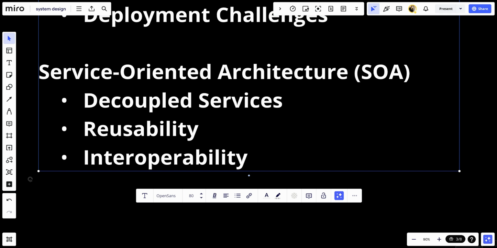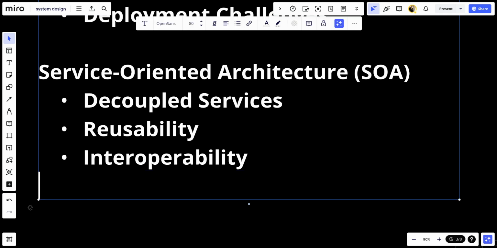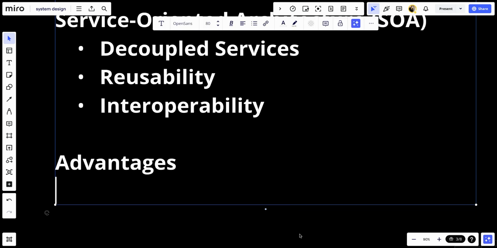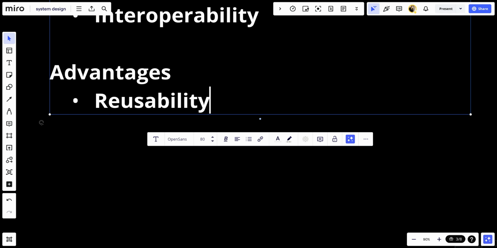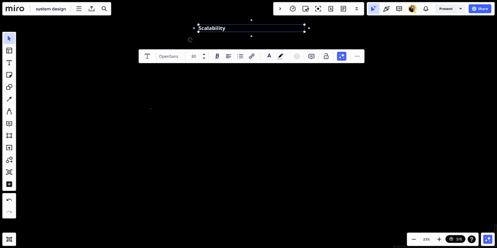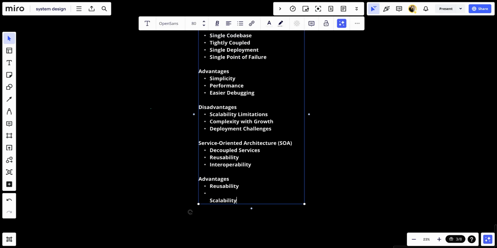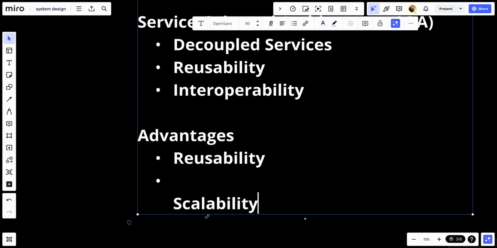Let's talk about the advantages of the service-oriented architecture. The first thing is reusability. The service can be reused across different applications, reducing duplication.